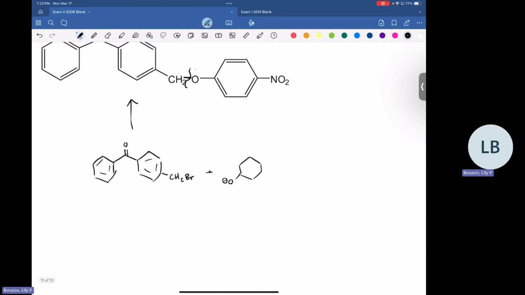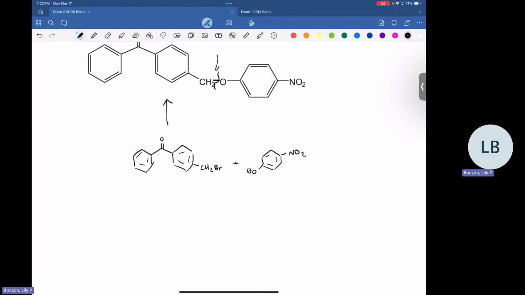So I split the group up here between the CH2 and the oxygen. So the left will have my CH2 and my Br, and then the right side will have my O minus, and then paired to that is the NO2.